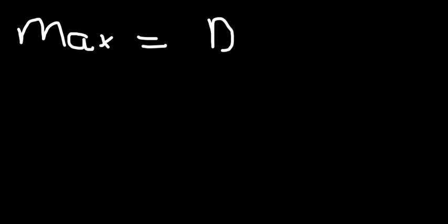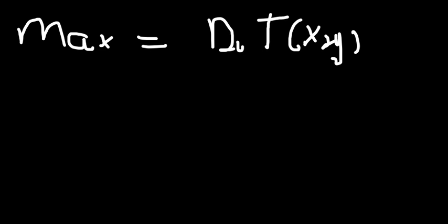We need to find the maximum value of the directional derivative of T(x, y). That is, the rate of change, the maximum value of D_u T(x, y), is the same as we find the norm.